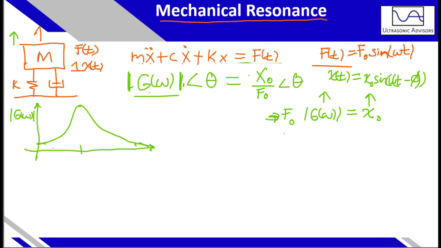So what happens here at low frequency, we have approximately a steady amplitude when the frequency is much smaller than our resonant frequency. At the resonant frequency itself, we have a maximum amplitude, and as you keep increasing your frequency, the velocity and actually the acceleration increases with the frequency squared times the displacement, because you take the derivative twice and you end up with frequency squared.